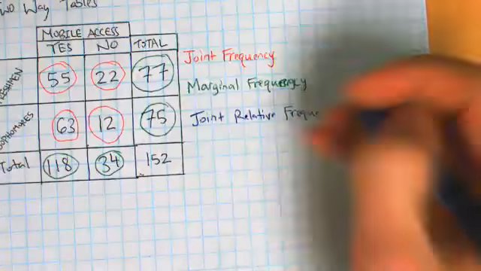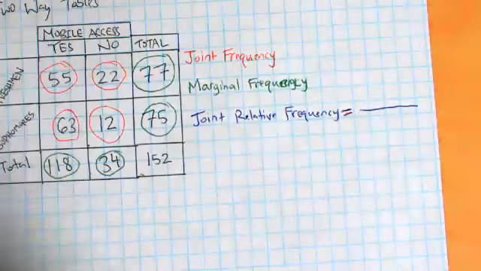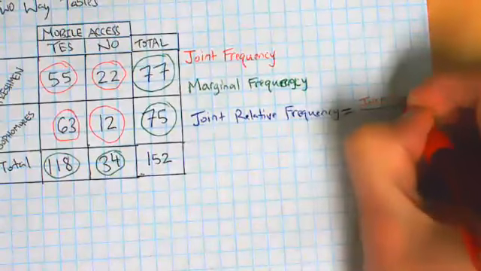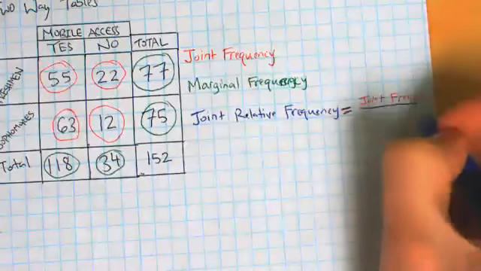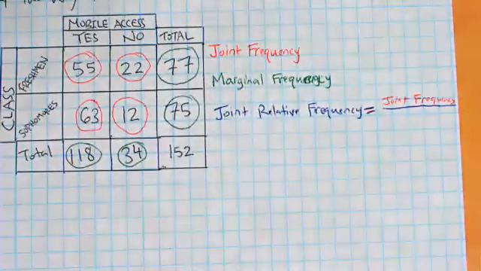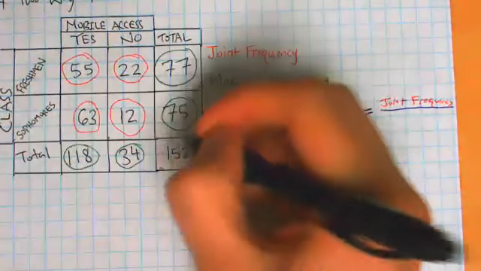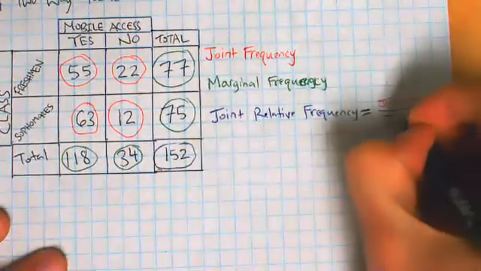I'll actually do that in blue. So it's joint frequency, and then that is divided, and we'll make our total one over here, total frequency.